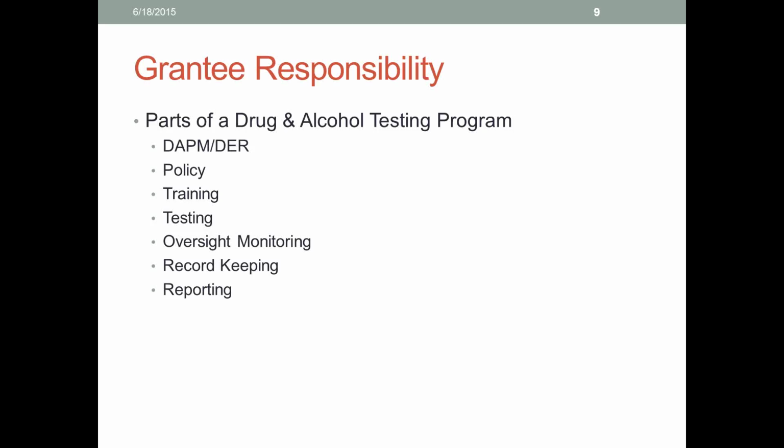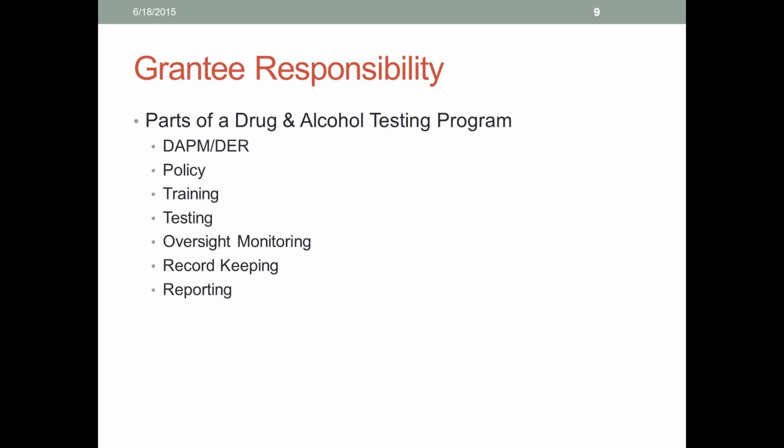Every employee who is affected by this process has to undergo a specific amount of training. It varies depending on the duties of the employee, but they all have to undergo a specific level of training. They all have to be subject to drug and alcohol testing requirements, and we'll talk about what those are. And these are all the topics we're going to cover as we move forward.